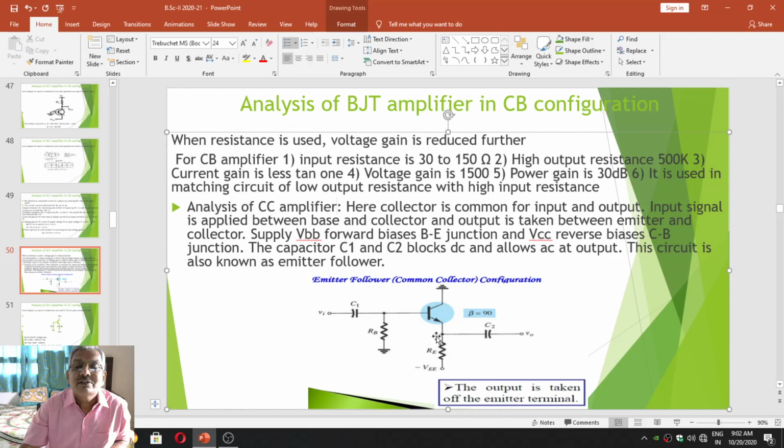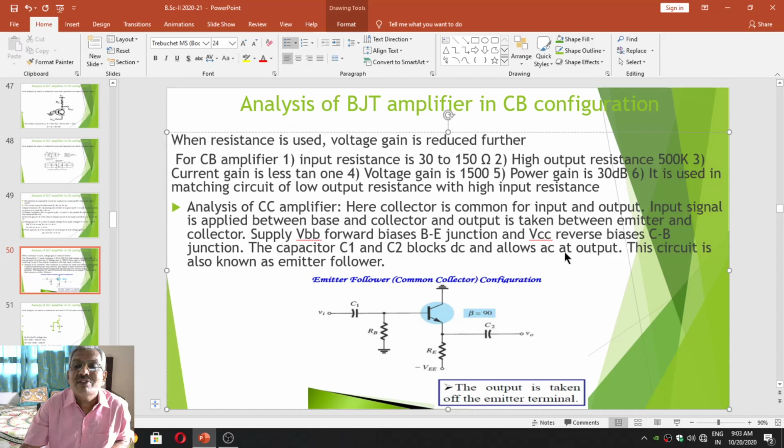Let us see its description. Here collector is common for input and output. Input signal is applied between base and collector. Output is taken between emitter and collector. The supply voltage VBB forward biases the base emitter junction, and VCC reverse biases the collector base junction. The capacitors C1 and C2 block DC and allow AC at the output.